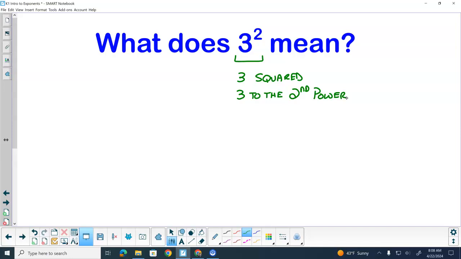What does it mean? Three squared. When we were dealing with order of operations, what did we do when we saw 3 squared?